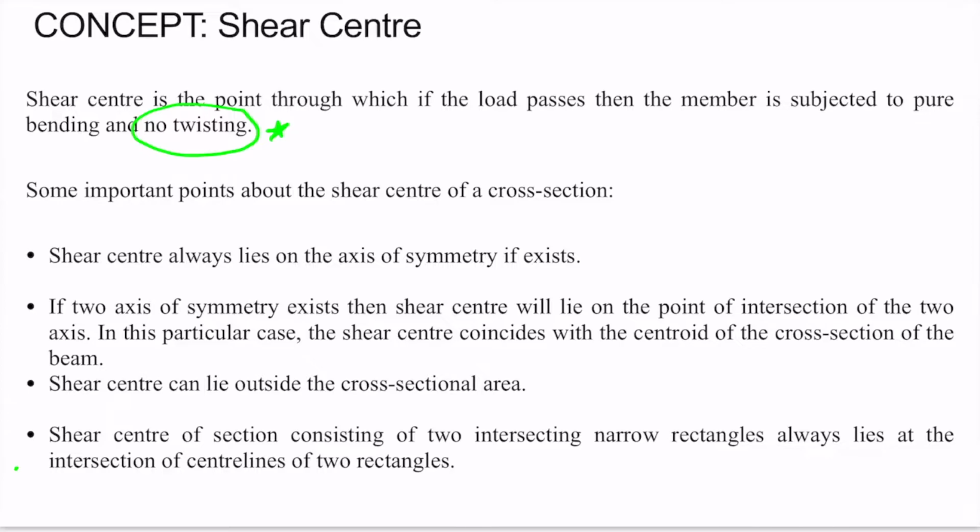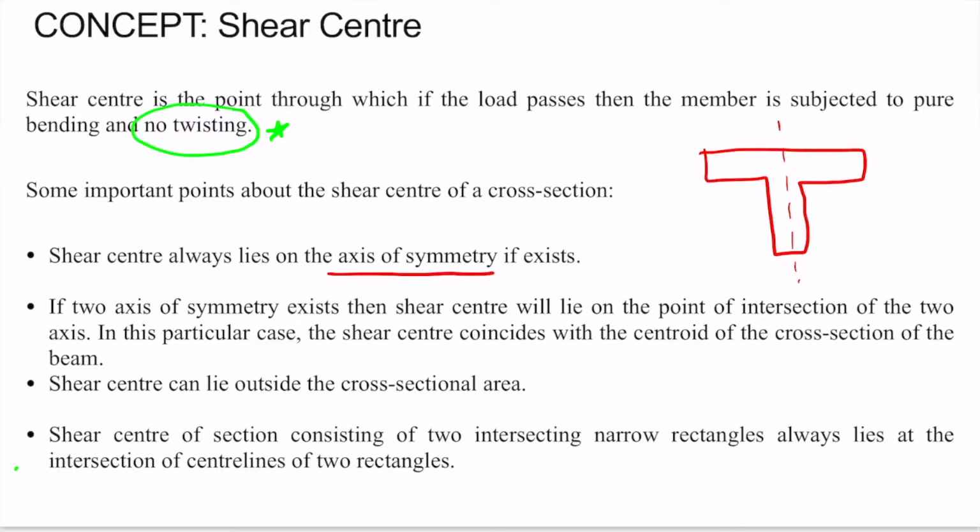Few important points regarding shear center are: shear center always lies on the axis of symmetry if it exists. Suppose there is a T section, it has one axis of symmetry. So this is the axis of symmetry for the T section. So according to this point, the shear center always lies on the axis of symmetry.